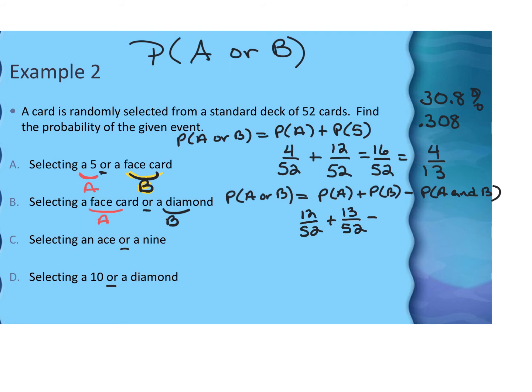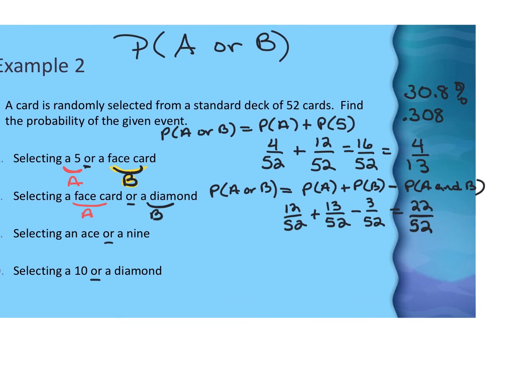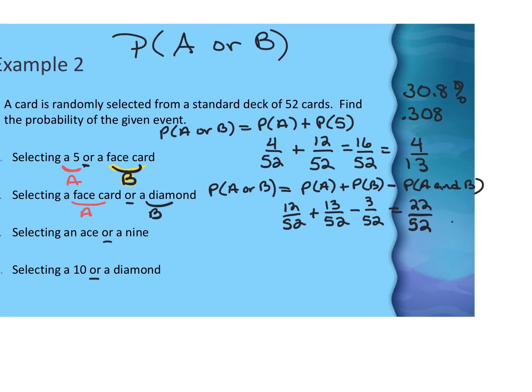So again, king of diamonds, queen of diamonds, jack of diamonds, there are 3 of them. So I'm going to subtract out 3 over 52. So I'm going to add 12 plus 13, I get 25, minus 3 is 22 over 52. I can divide that both by 2 and reduce this to 11 over 26.